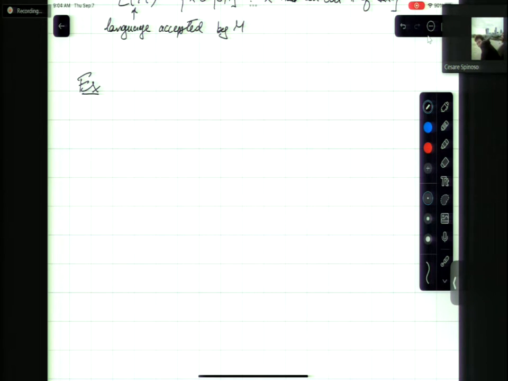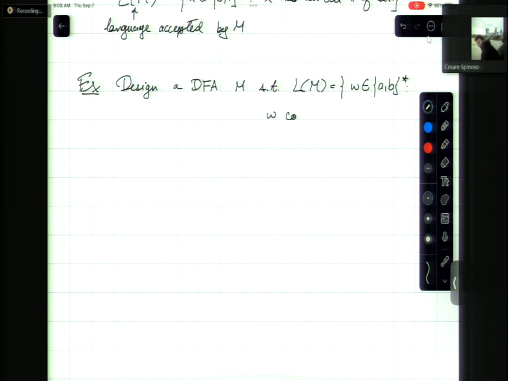I'm going to say, design a DFA M such that the language accepted by M is the set of strings over the alphabet {a, b} such that w contains the substring ab. Okay? So, in effect, what I'm doing is I'm trying to design a machine that looks for strings which have a contiguous sequence of ab, right?